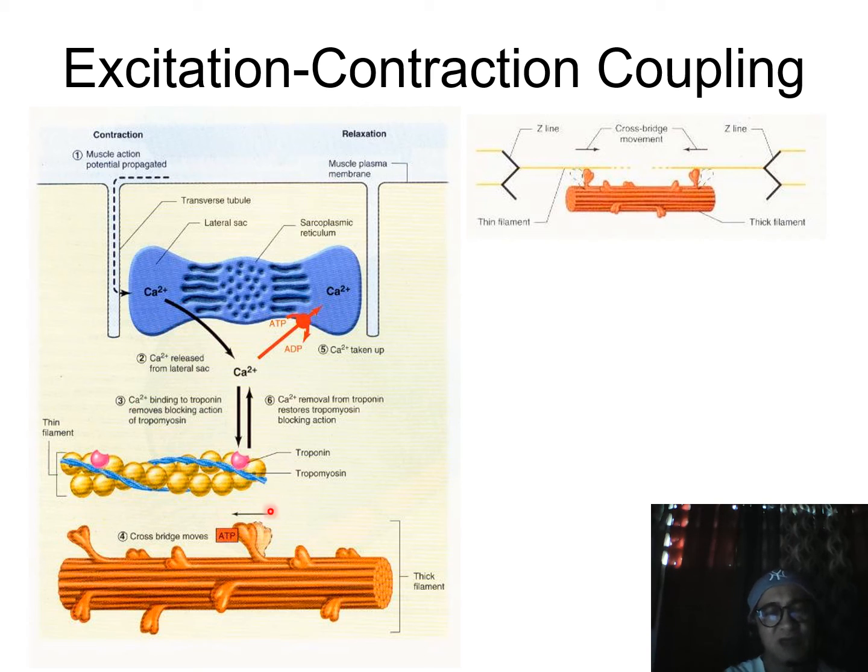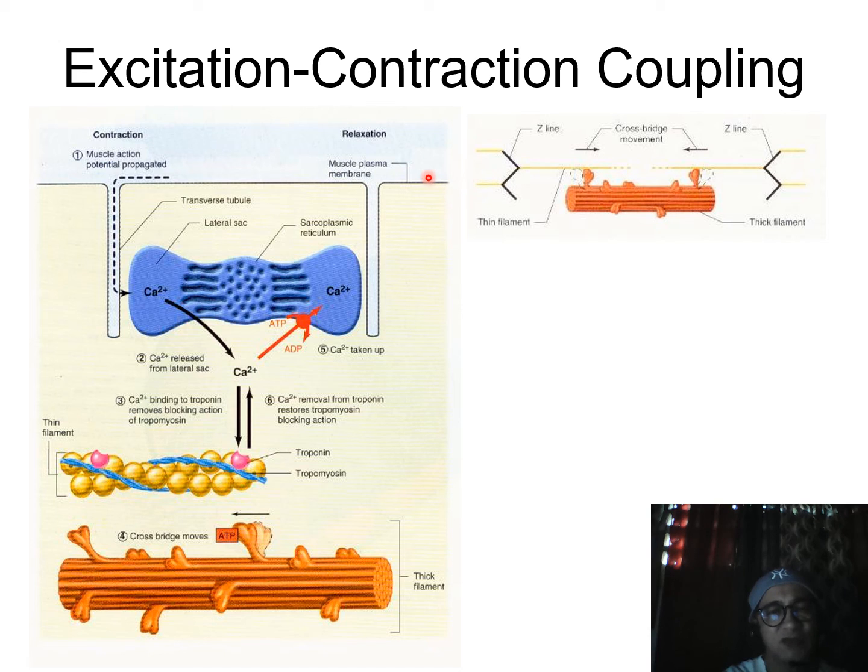We call this mechanism excitation-contraction coupling. The very messenger that couples the excitation events of muscle fibers to that of the cross-bridge cycle that induces contraction of the muscle fiber is calcium ion.